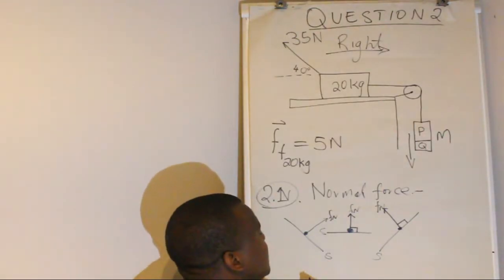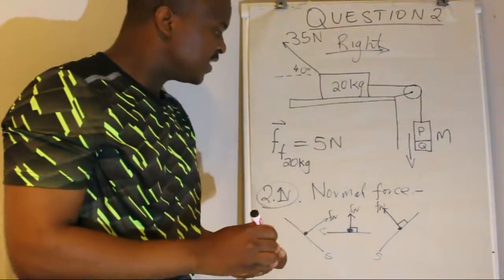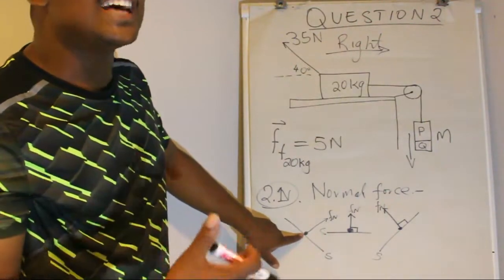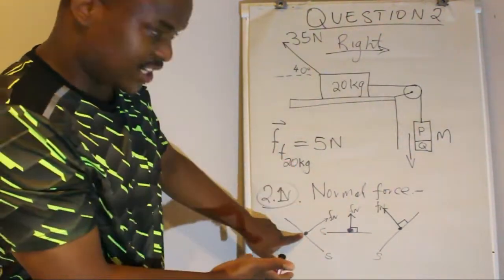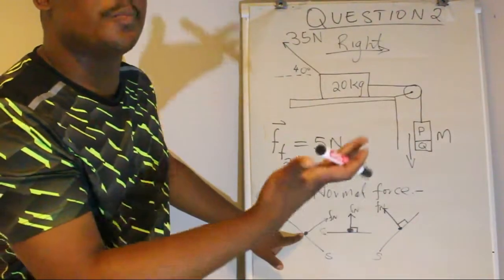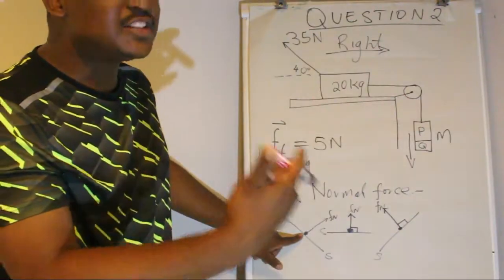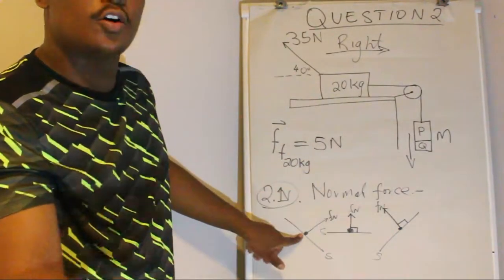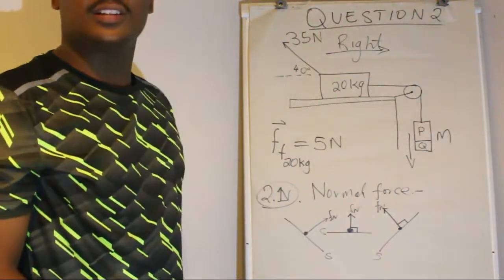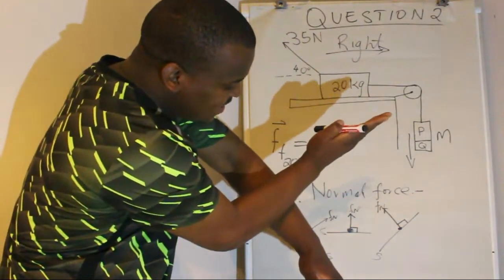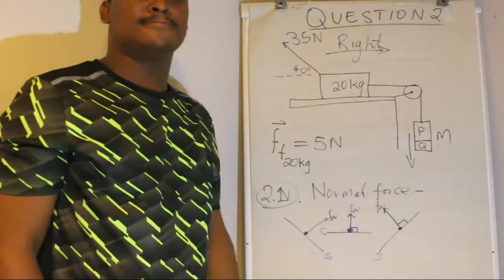So what I'm saying is, the normal force is the force exerted by the surface on an object which is placed on the surface. And that force is perpendicular, or orthogonal, to the surface, which means the force exerted by the surface will always be 90 degrees to the surface.